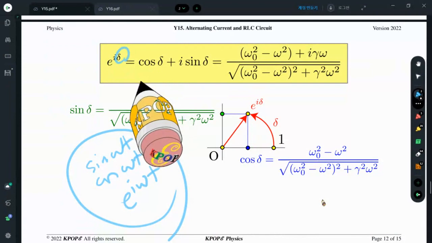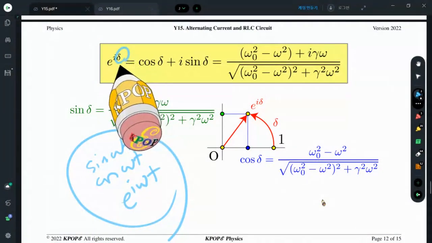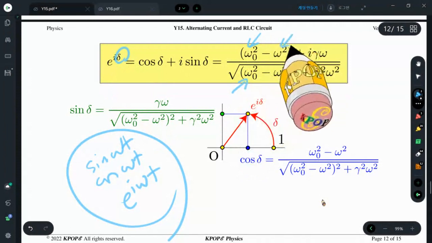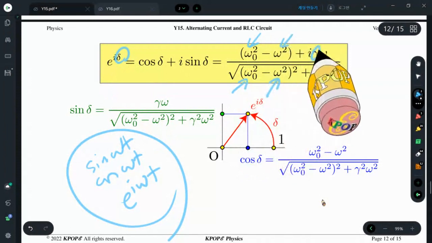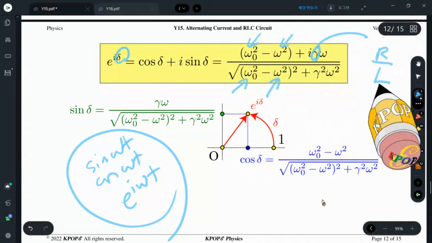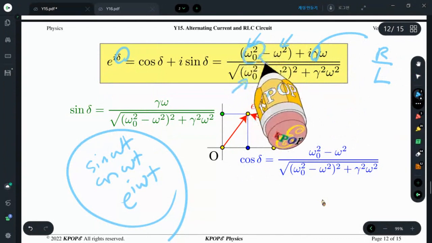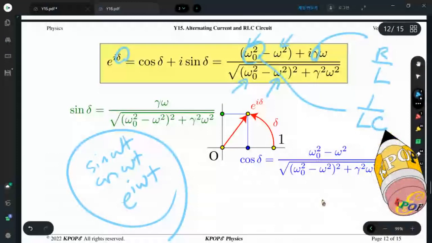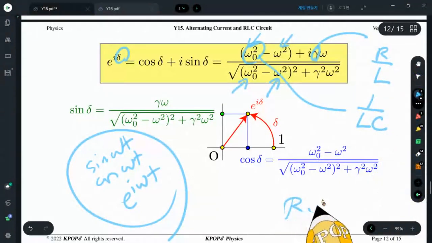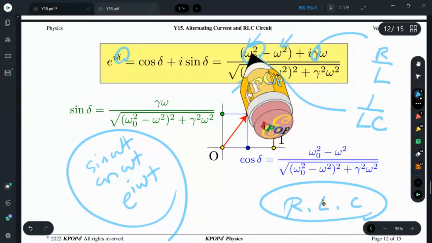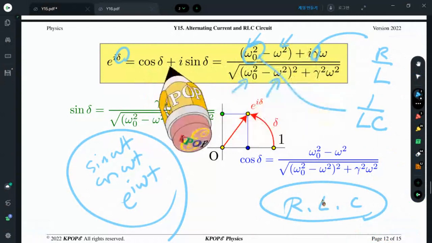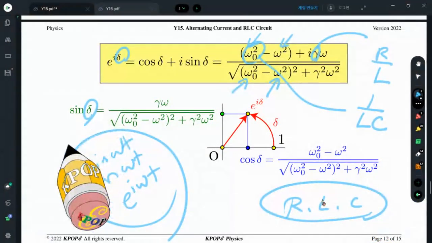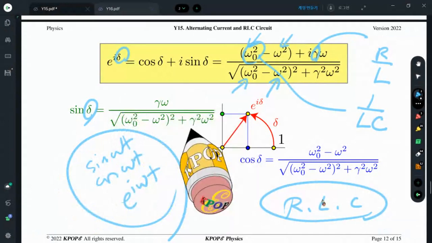And this phase shift is completely determined by the characteristic frequency, the driving frequency, and R over L. And omega 0 squared is 1 over LC. So if you know R, L, and C, you can determine this phase shift completely.